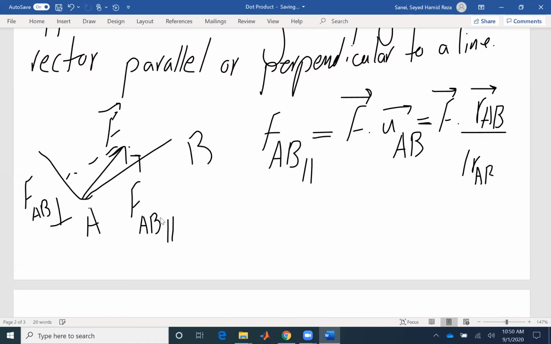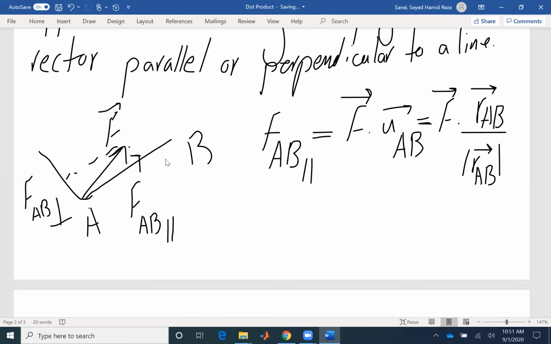And you know how to find the magnitude of a vector. It would be the square root of each component squared. So that's another application of a dot product, F dot U AB. And the result would be a scalar. So I can get the magnitude of the projection of this vector on this line.